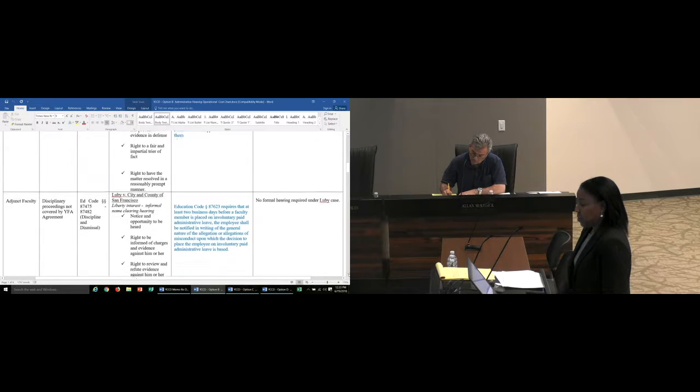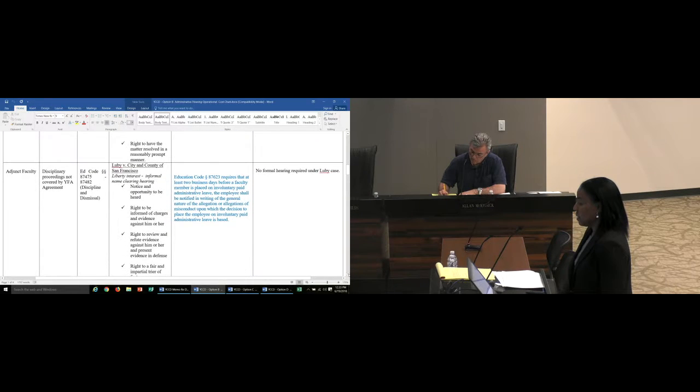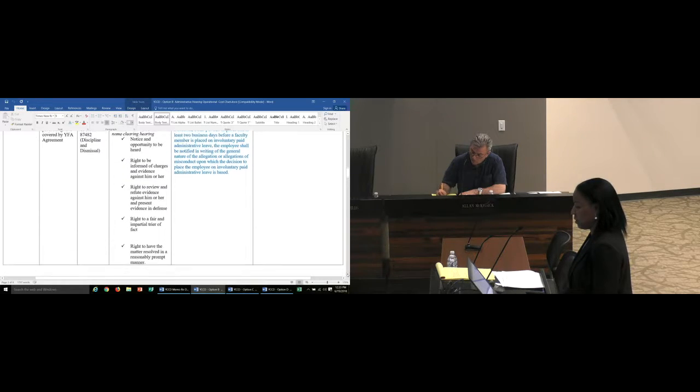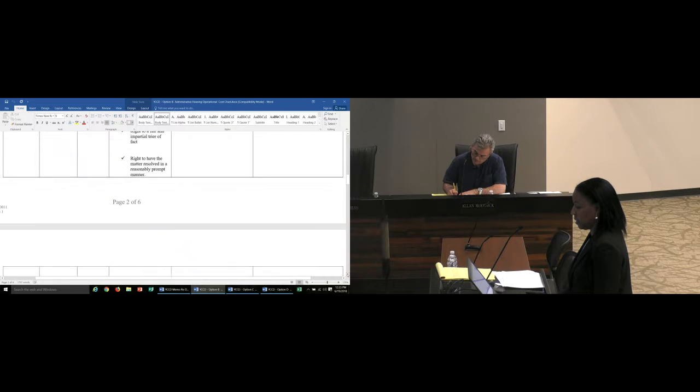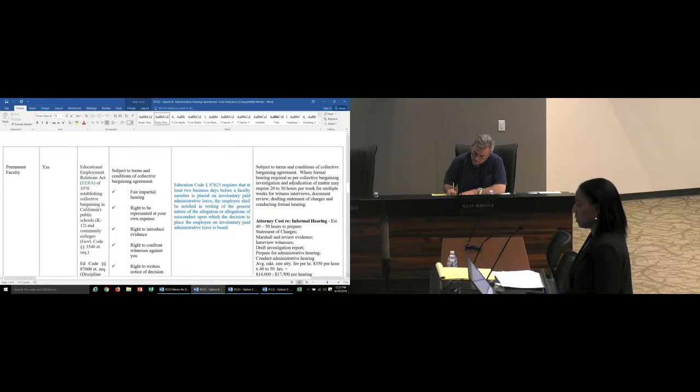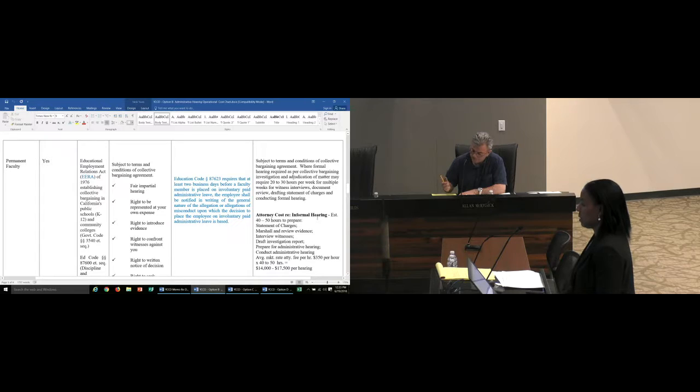Then we go to the adjunct faculty. That's an instance where there's not a property interest, so there's not a formal hearing requirement, but there is the 87-623, which requires the notice before administrative leave, paid leave. Permanent faculty, that's when you have the hearing right. And there's the lowball estimate and then the conservative estimate.